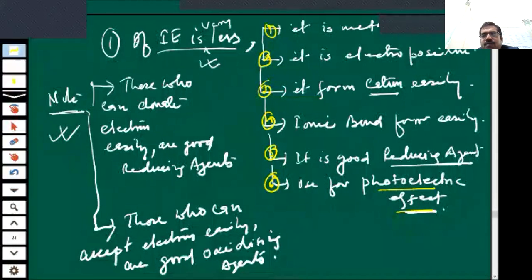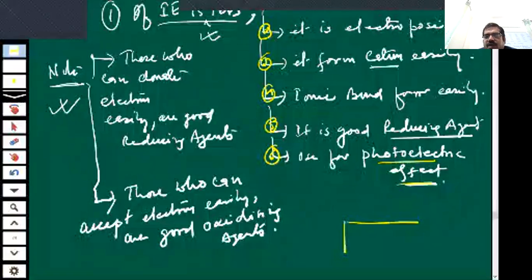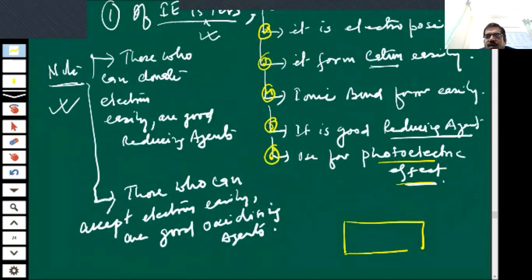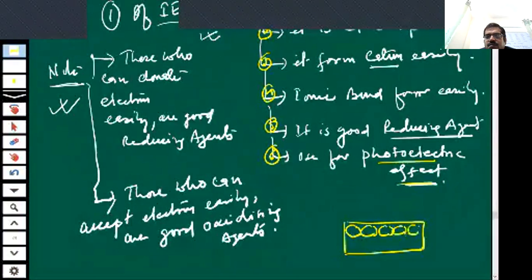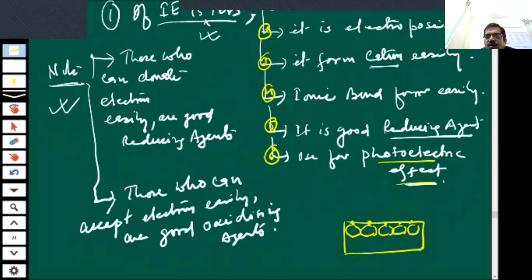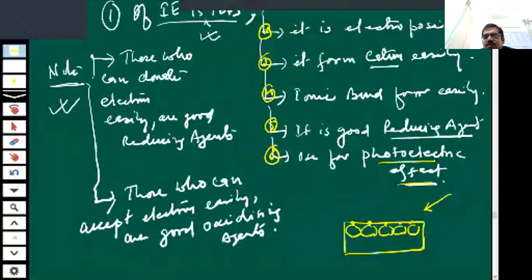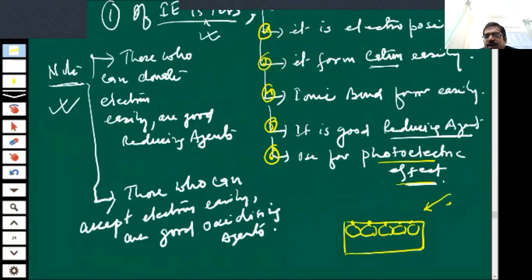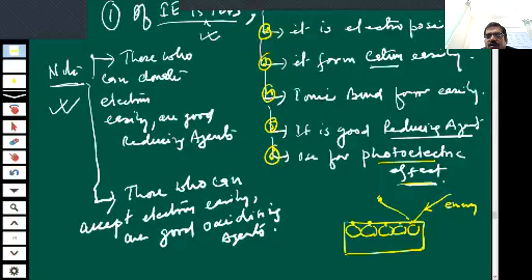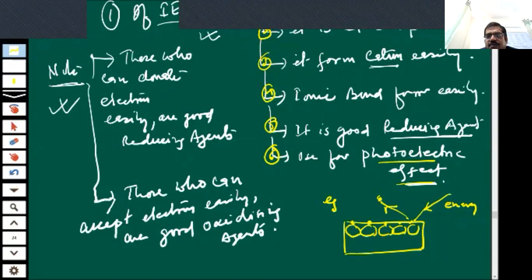Photoelectric effect. Suppose this is the metal and here are the atoms, and an atom has electrons. If light comes, light is also a kind of energy. It comes and this electron is ejected.